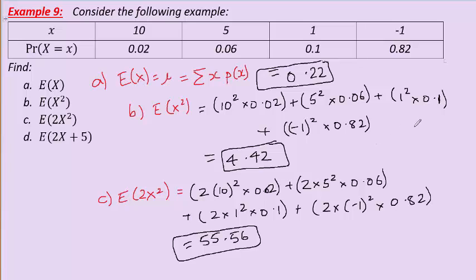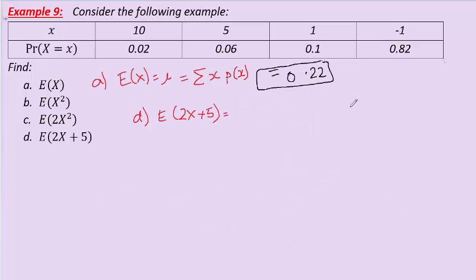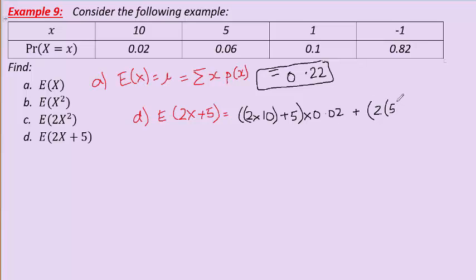I'll do the last one for you now. So E of 2X plus 5 will be 2 times 10 plus 5, it's exactly as you'd expect really, times 0.02 plus 2 times 5 plus 5 and all that times 0.06, and so on and so on and so on, which will equal 4.56.